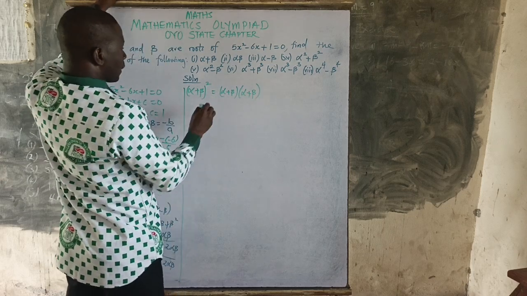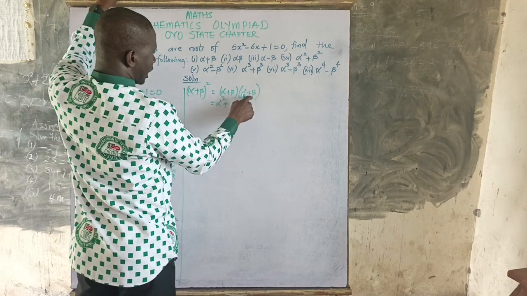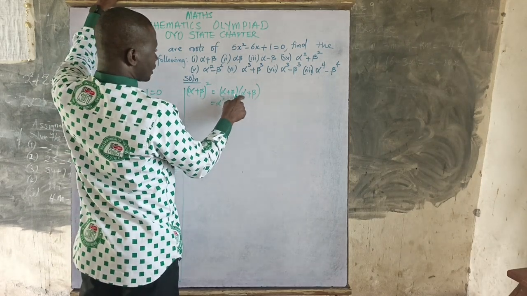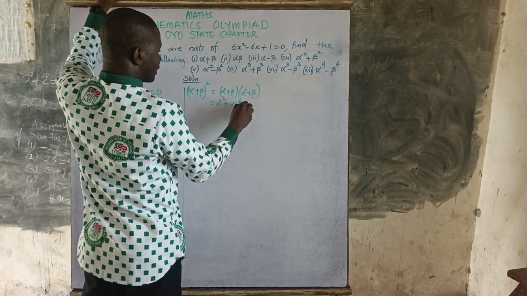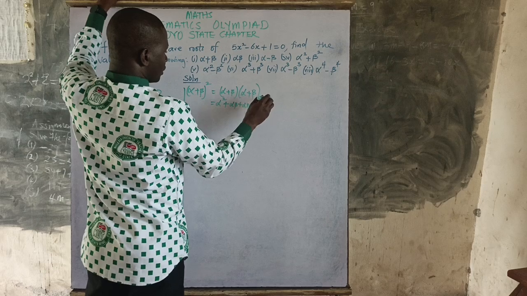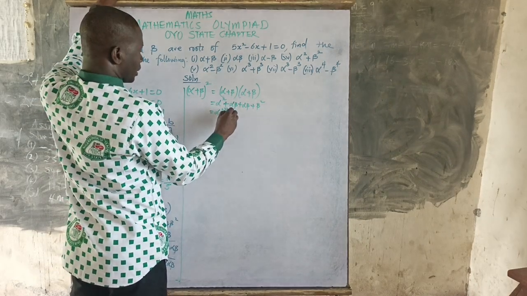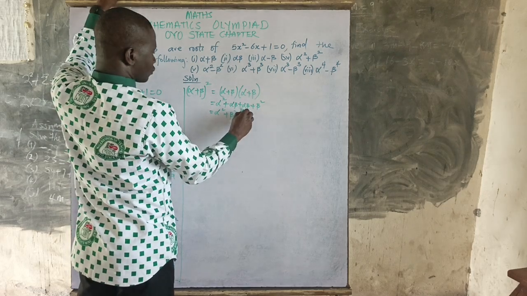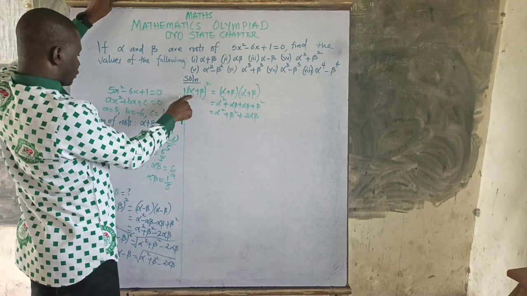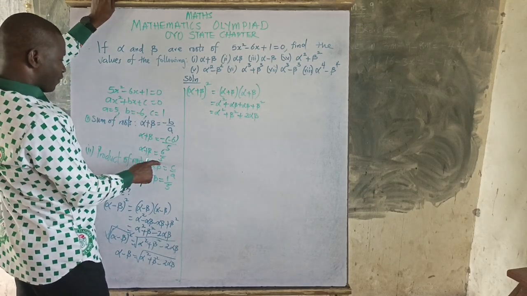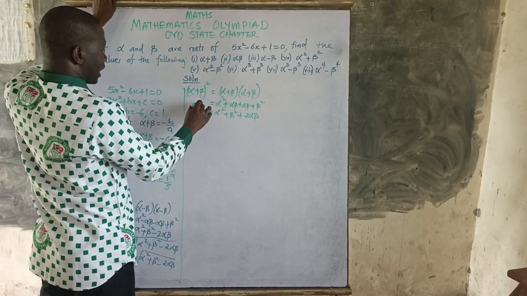Therefore, we have alpha squared, plus alpha times beta gives alpha beta, beta times alpha gives alpha beta, plus beta squared. So we have alpha squared plus beta squared plus 2 alpha beta. Don't forget the sum of the roots, alpha plus beta, is 6/5, so in place of it we use 6/5.